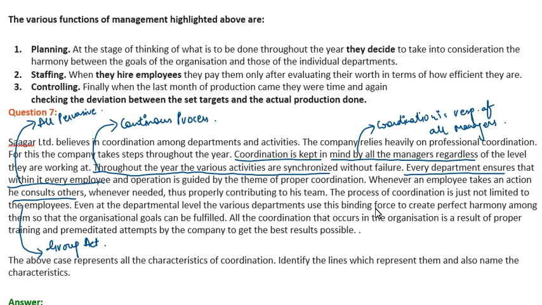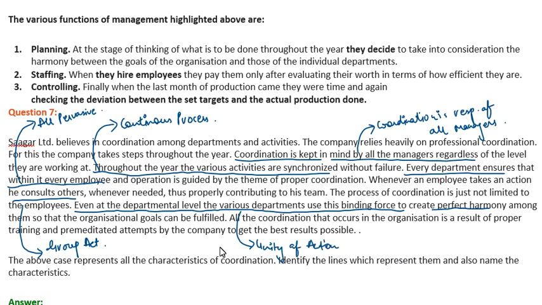Okay, now even at the department level, where is it written? Yeah. Even at the department level, all the various departments use this binding force to create perfect harmony among them. So that means there is unity of action.